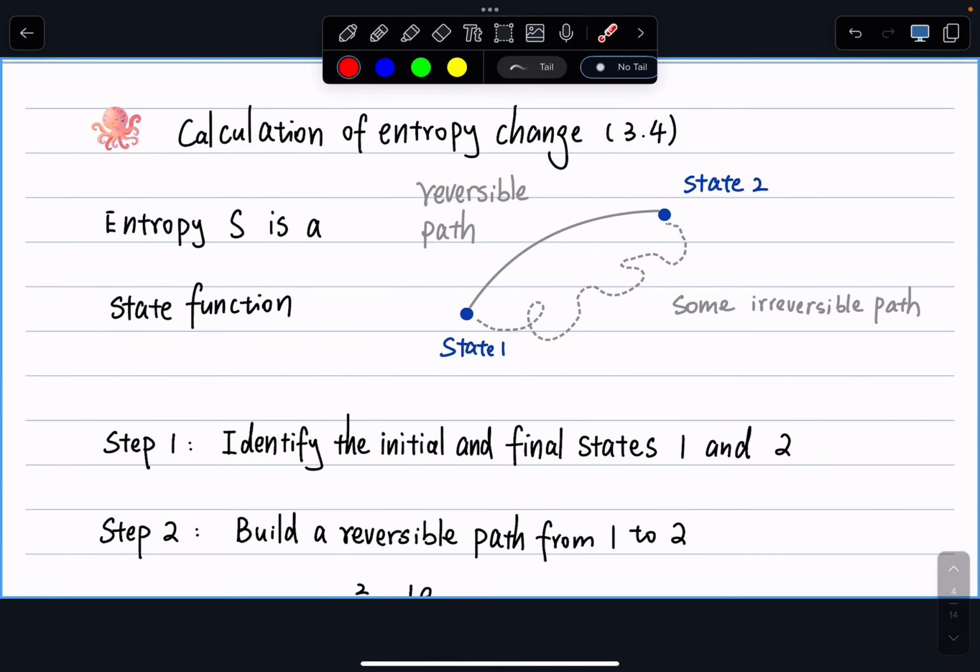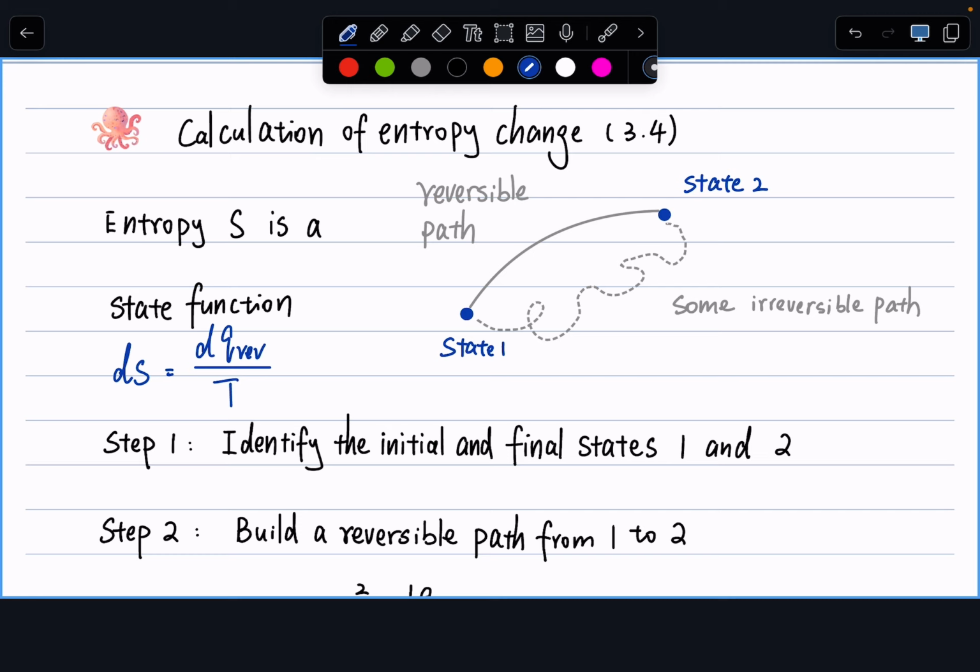The tricky thing about calculating entropy change is, remember when we talk about the definition of entropy, we have dS equals dQ reversible over T. So this dQ reversible over T tells us that even if my delta S is always the same between my state 1 and state 2, we must be able to construct a reversible path so that we can calculate dQ reversible over temperature.